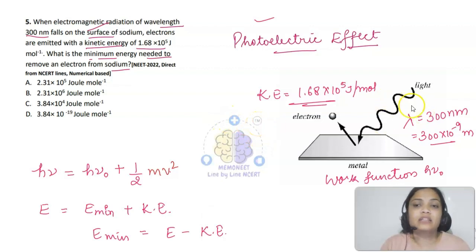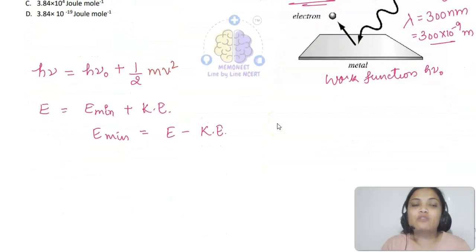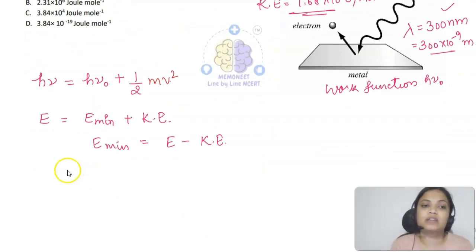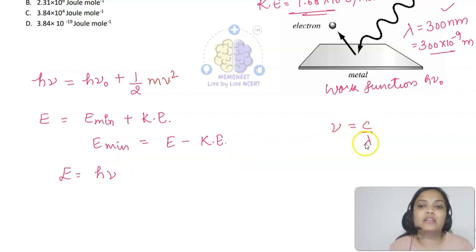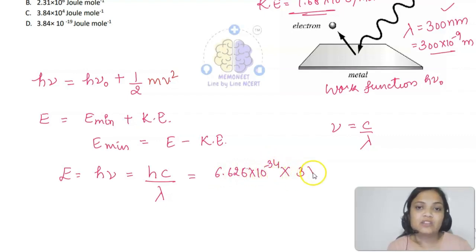But the thing is that we are not given the energy of the incident wave, we are given the wavelength. So how to find out the energy in that particular case? So students, you know that the energy of any wave will be given by h nu, and since nu is c upon lambda, I can write it as hc upon lambda, where h is the Planck constant, 6.626 into 10 to the power minus 34, c is the speed of light, 3 into 10 to the power 8 meter per second, divided by lambda, which is the wavelength given to us.